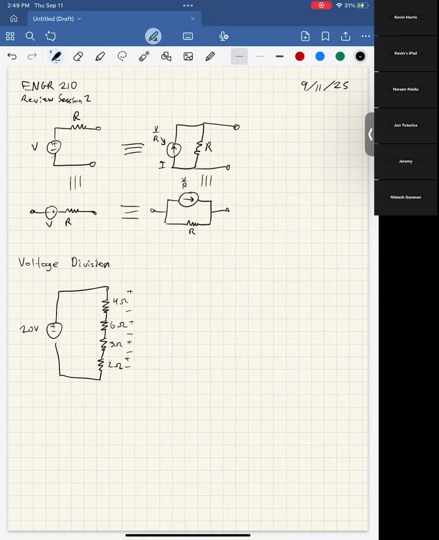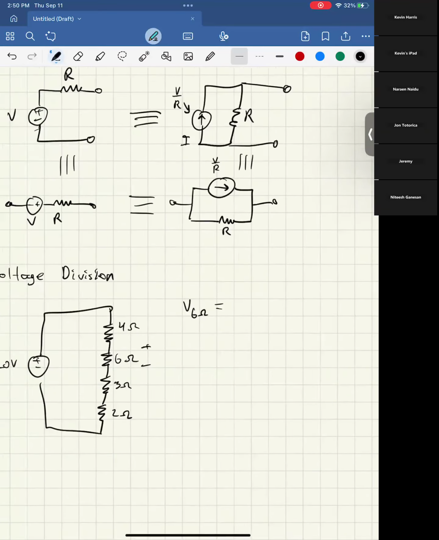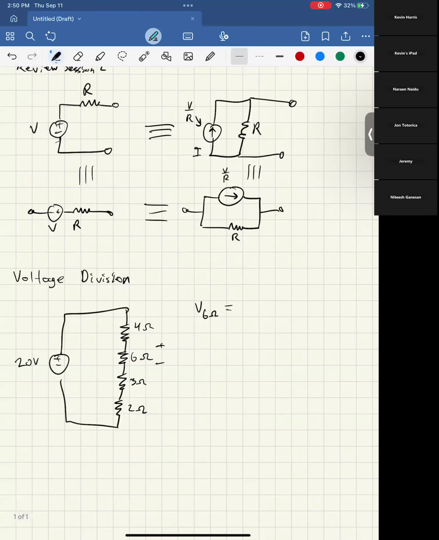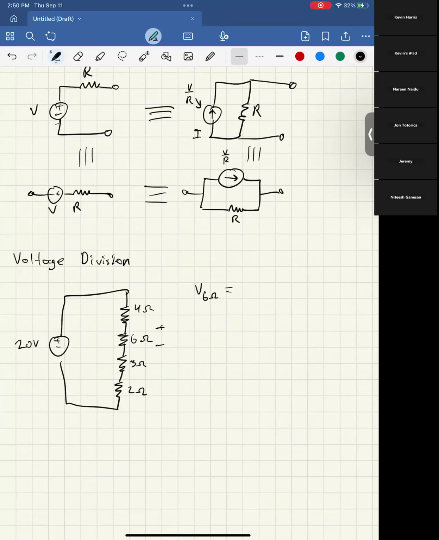Or what's the voltage across a portion of them? The general idea is that for some given resistor, I'll look at this 6 ohm resistor. The voltage across that 6 ohm resistor is going to be equal to the input voltage, which I'm going to call V in, just because that's some terms you'll hear later in the class.